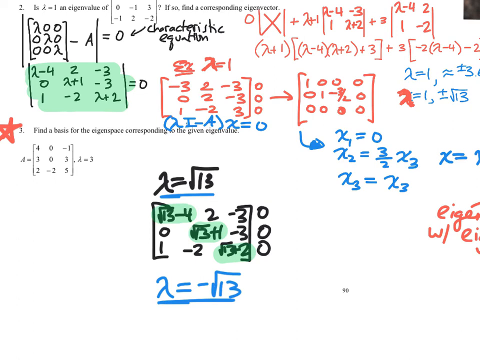Negative square root of 13 plus 1. And then negative square root of 13 plus 2. We run those numbers again, but this time I'll actually snip this matrix and put it in there because I didn't write it out. All right, so RF that, and we get this bad boy.